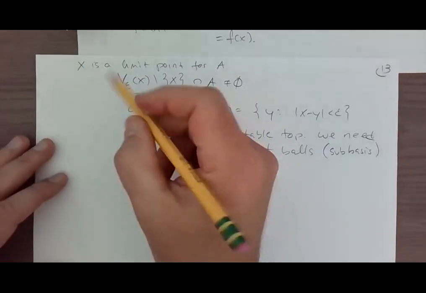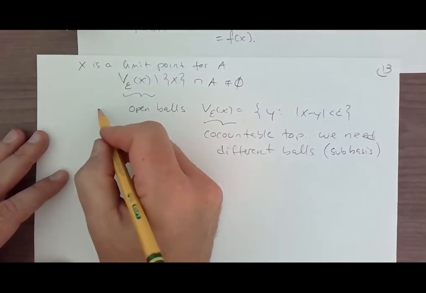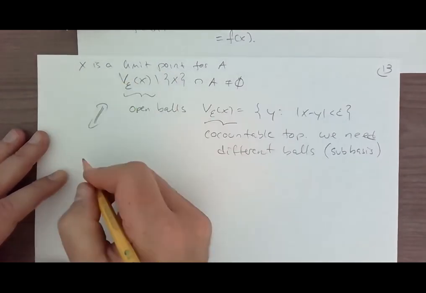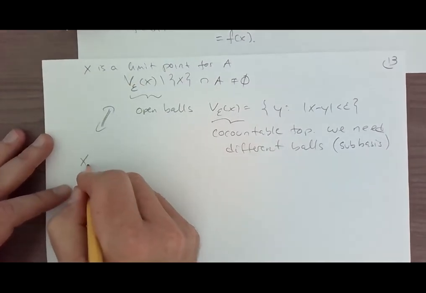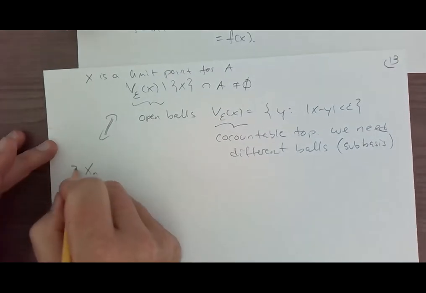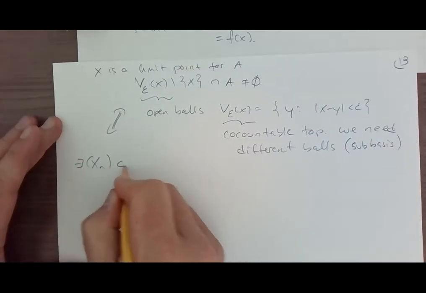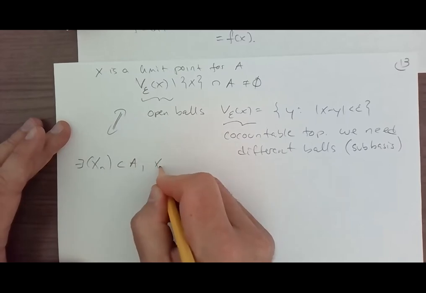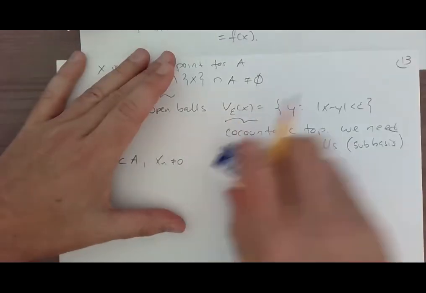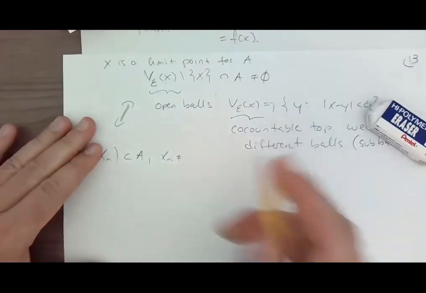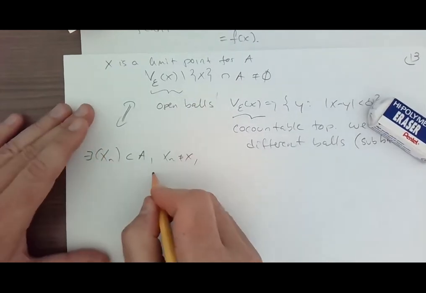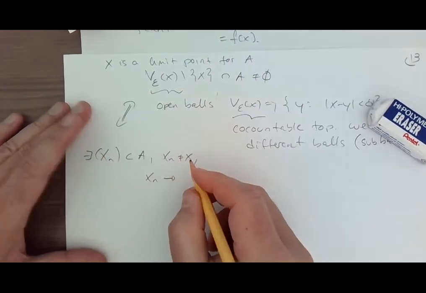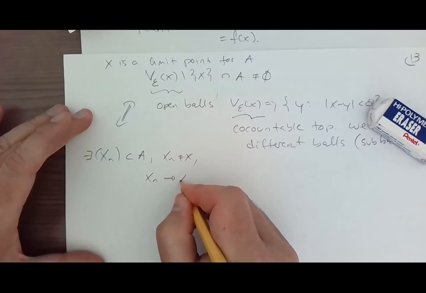You can see we had proven a result that said that this thing here was equivalent to saying that I can find a sequence inside A, xn not equal to x, such that xn converges to x.